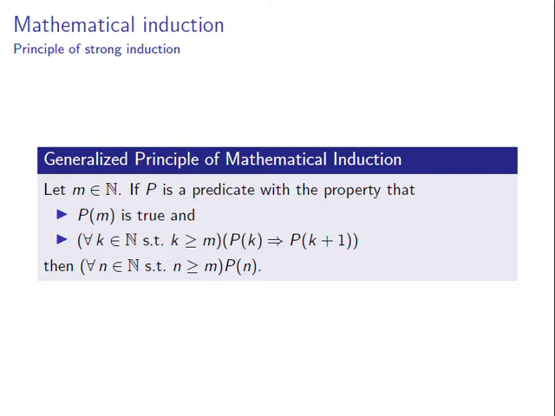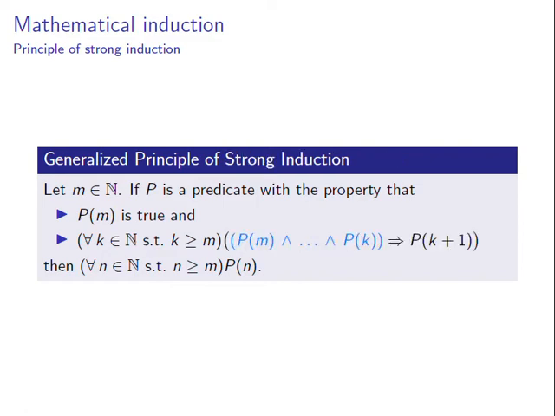Recall that the generalized principle of mathematical induction extends the PMI to a statement whose conclusion is that a predicate P holds for all natural numbers greater than or equal to a natural number m.